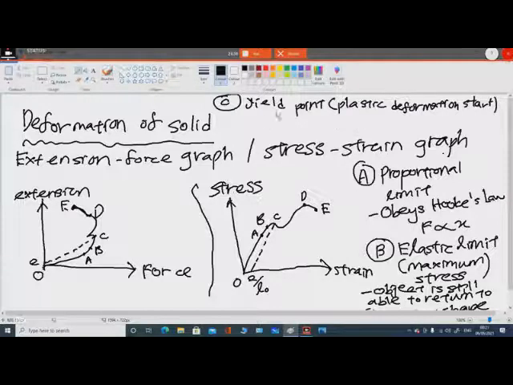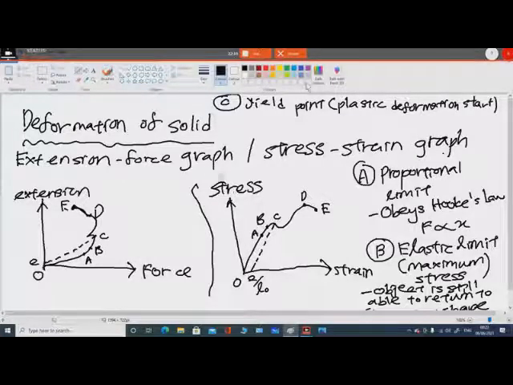As we can see, when the object reaches point C and we release our force, the object will not be able to return to its original shape. Instead, there is a slight extension from its original length. So this is what we call the yield point.